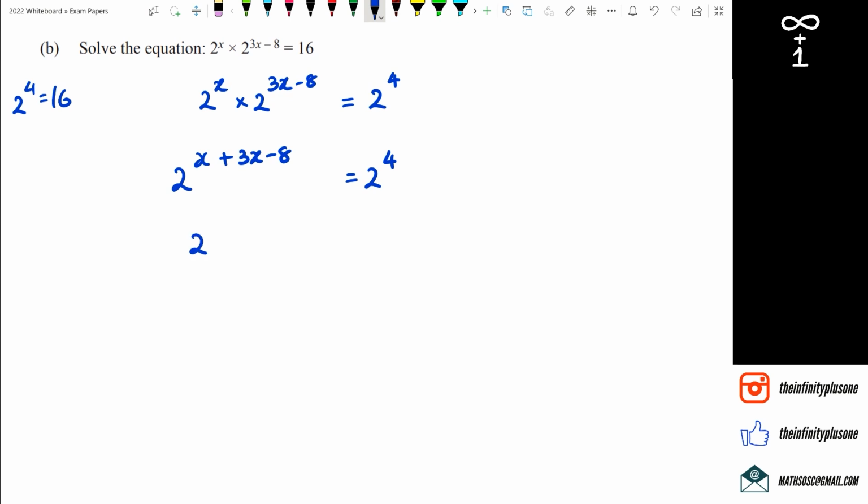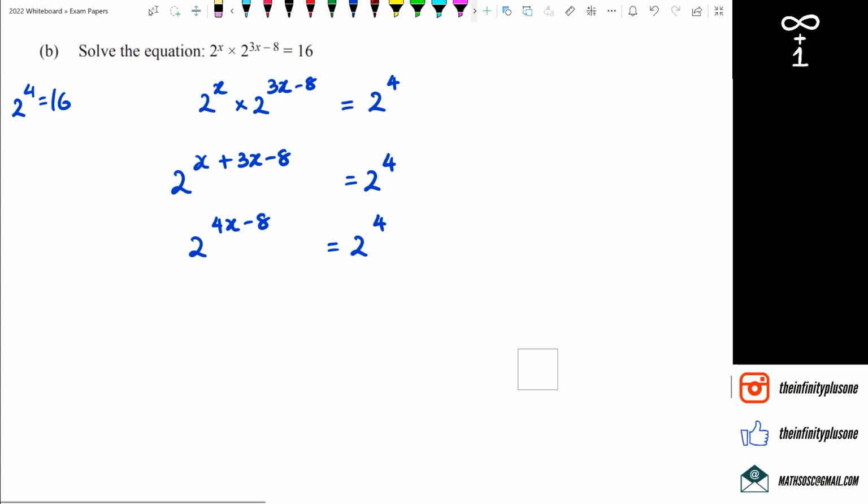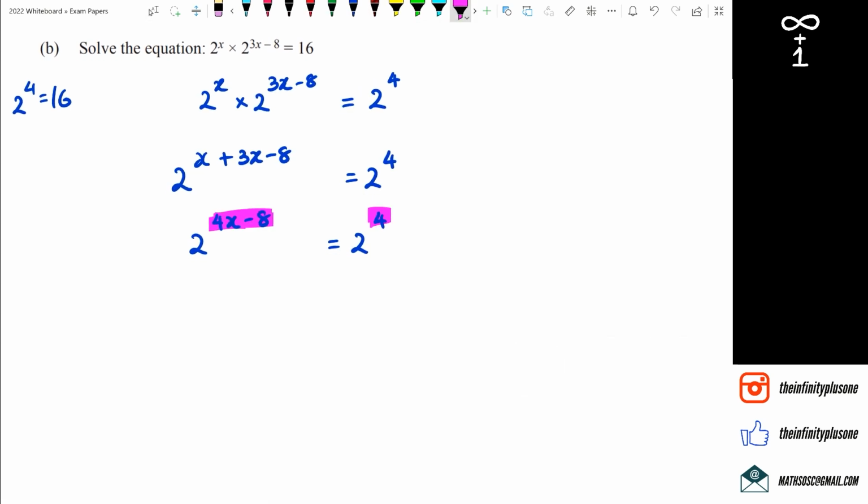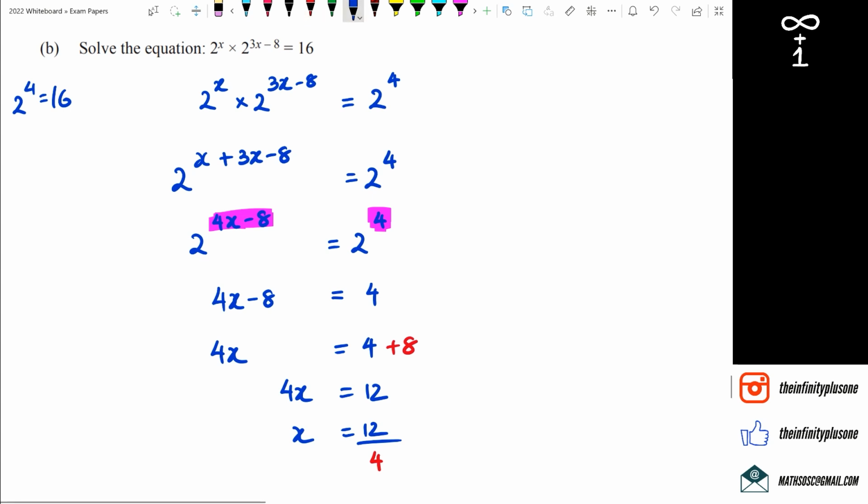Simplifying this, we're going to get 2^(4x - 8) equals 2^4. And because the bases are the same, the powers must equal each other. So we can rewrite this as 4x minus 8 equals 4. And 4x is equal to 4 minus 8; when it comes to the other side, it will become plus 8. And we've got 4x is equal to 12. And then x is equal to 12 divided by 4, which gives us x is equal to 3.